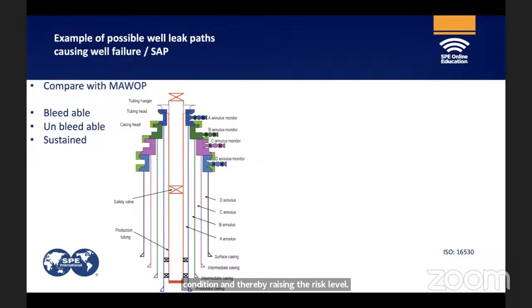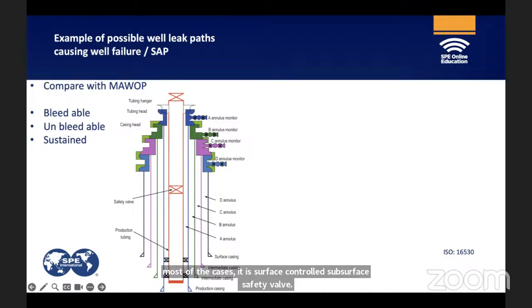So again, this is a different picture showing different casings, a schematic for the well, starting with the tubing, which is in red, which is having a downhole safety valve. In most cases, it is a surface controlled subsurface safety valve. We have packers here, which act as a primary barrier.